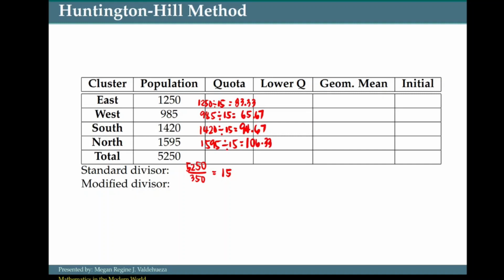So the lower quota, we round this down. So we have 83, 65, 94, and 106. Simply we drop the decimal numbers.